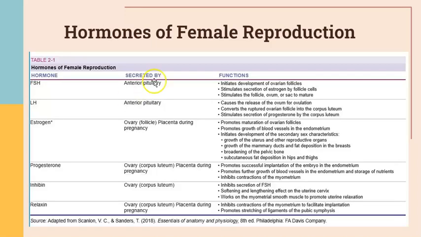So hormones of female reproduction, again, that you'll need to know. You'll need to know about follicle stimulating hormone, where it's secreted, and what its job is. You'll need to know about luteinizing hormone, where it's secreted, and what its job is. If you think about it, FSH and LH go along with estrogen and progesterone. FSH is that first 14 days of the period.